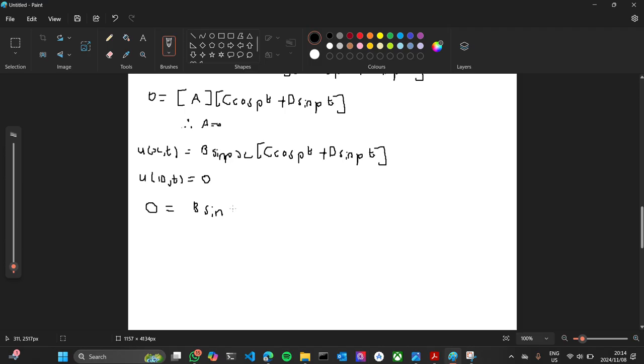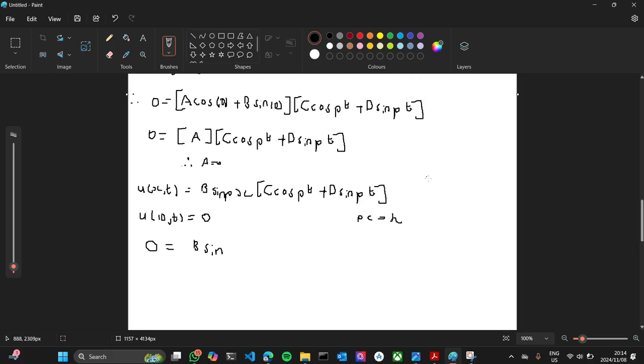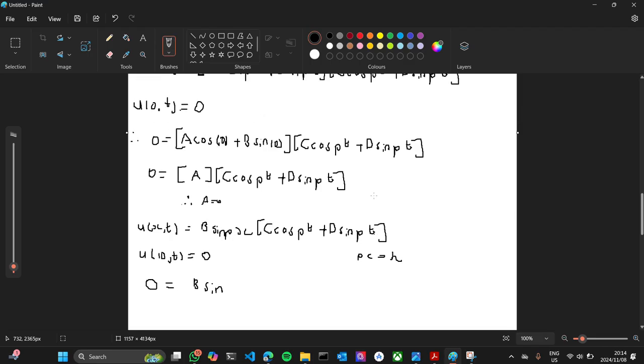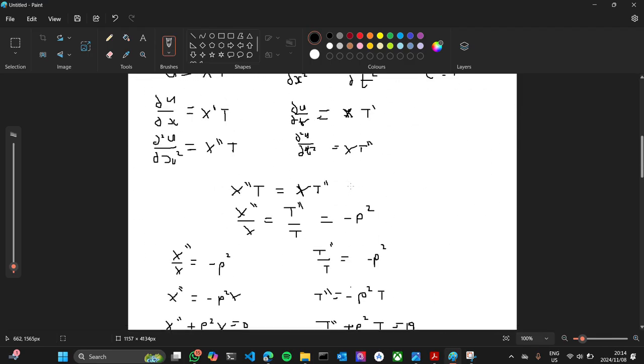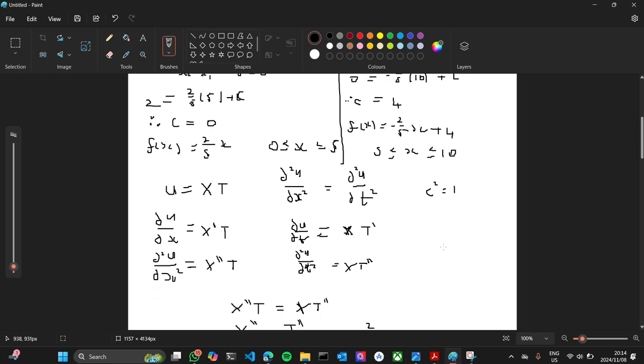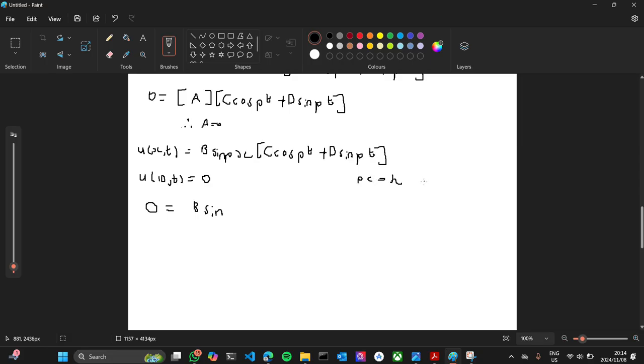Before I do that, I need to do this. Okay, so p, this is something else that you need to memorize. P times c is equal to lambda, right? P being this variable here, c being this constant here, and because c is equal to 1, p will just be equal to lambda.